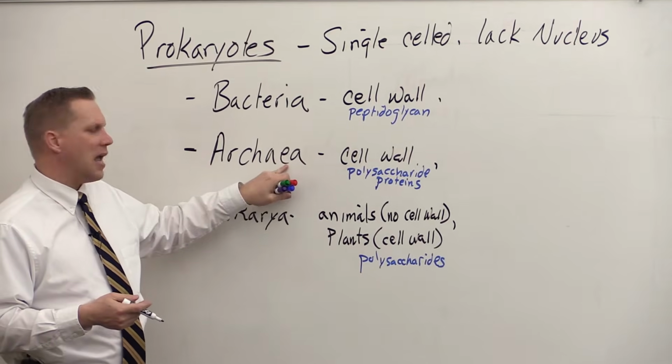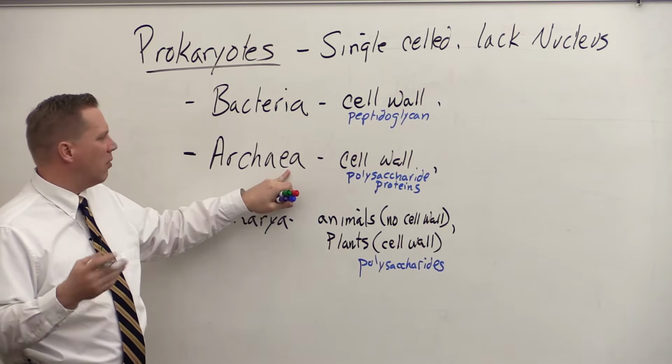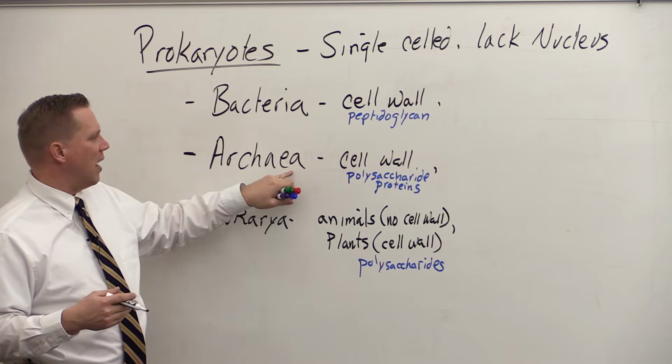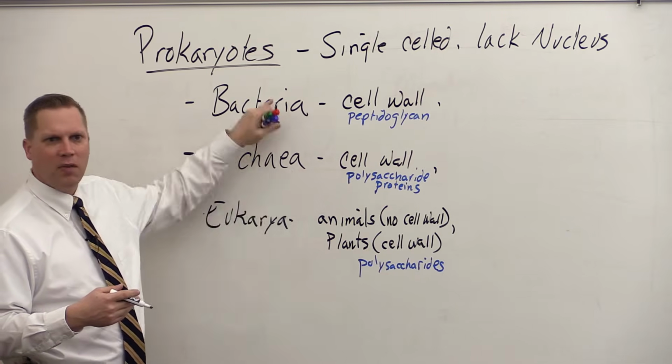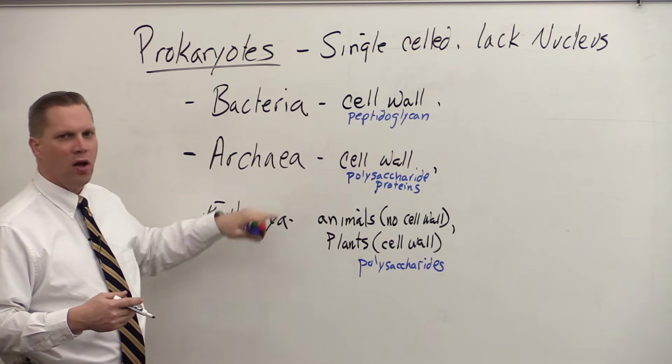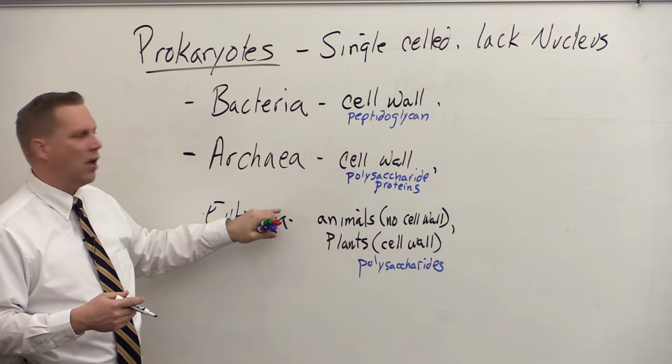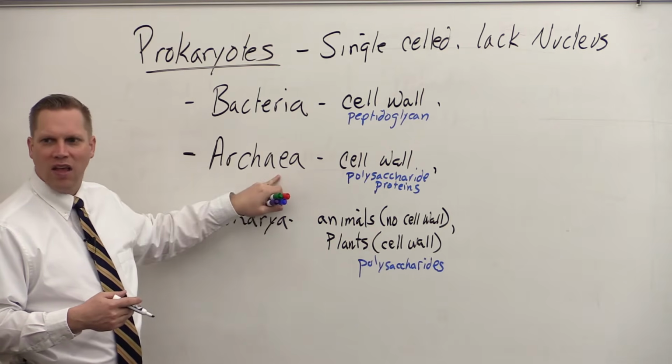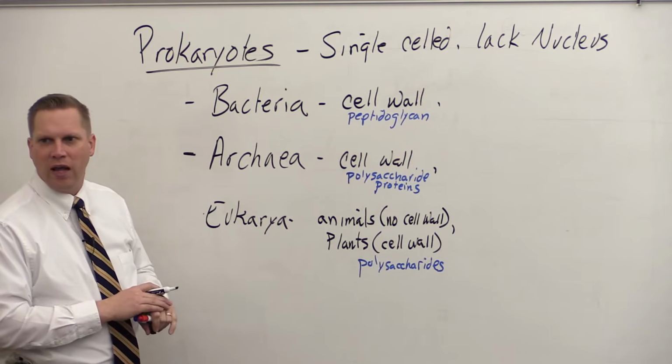And so archaea actually became not really a missing link, but seemed to have characteristics that are intermediate. And that somewhere along the development of the eukaryotic cell line, you had an ancestor that was shared with archaea.